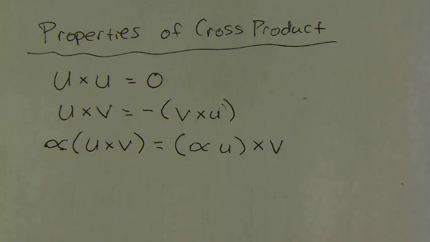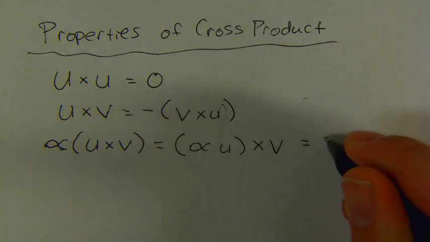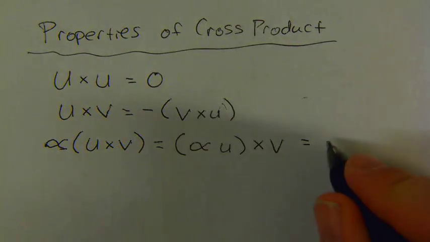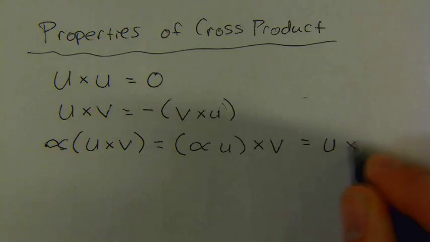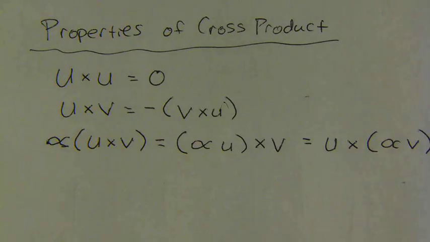Which property is that in the old-fashioned algebra properties? Remember? Associative, when you just move the parentheses around but you don't change the order. So they're saying the associative property works for this, and then it would also be equal to this. I could split it around like that as well.